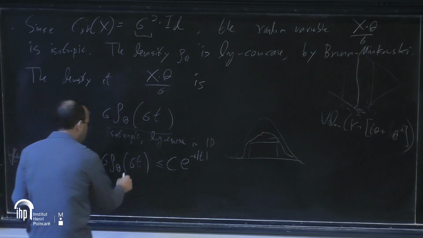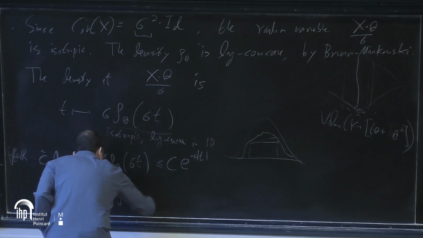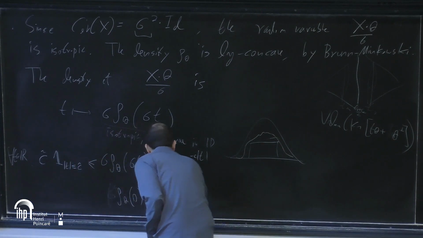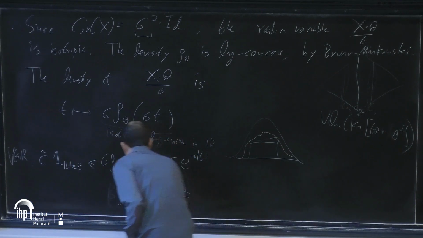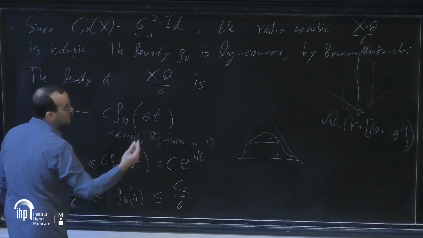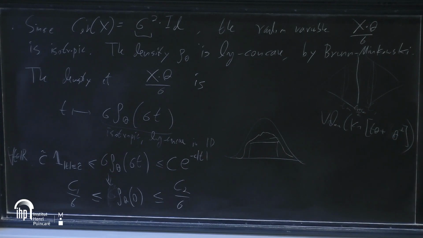In particular, if I put 0 here, then sigma rho theta of 0 is between c2 and c1, which means that the volume of the sections is in a band, for any theta.